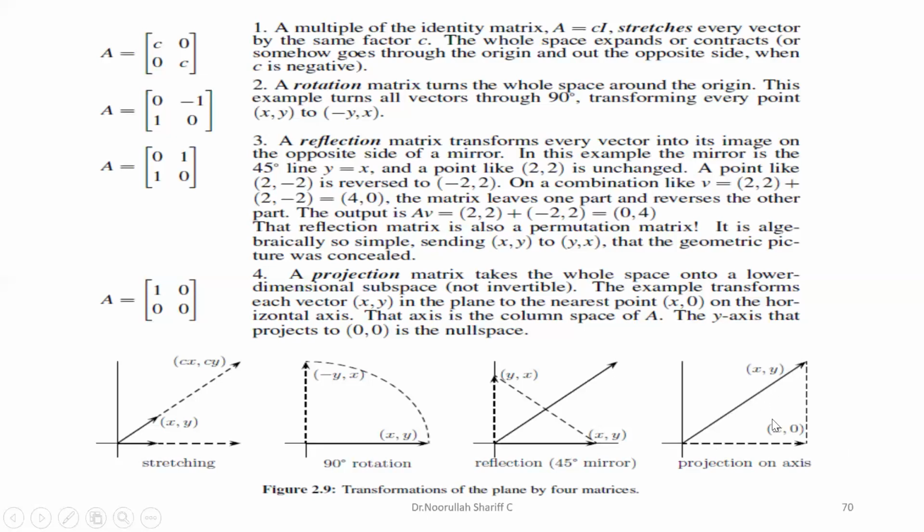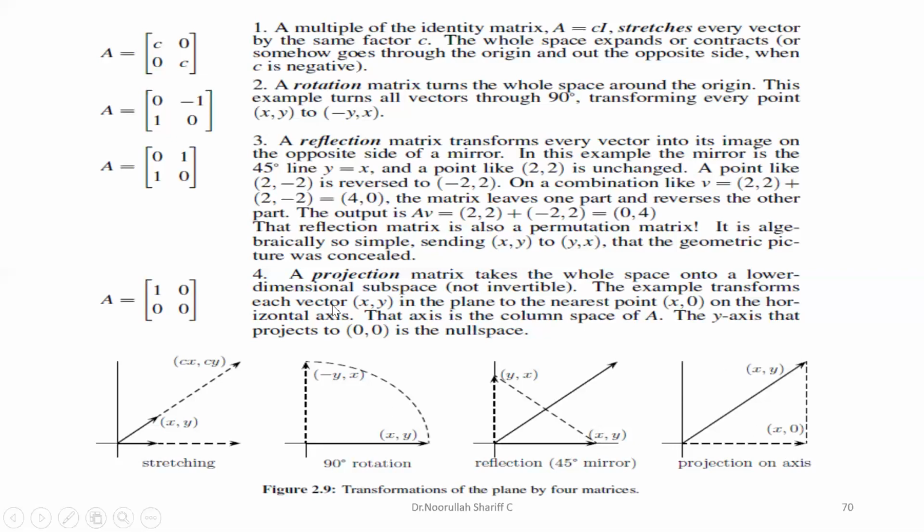So to transform this, we need a matrix of this sort, wherein if I put xy here and multiply with A, I'm going to get 1 into x plus 0 into y, that will be x, and 0 into x plus 0 into y, that will be 0. So x and 0, and that x and 0 is the one which is over here. So this matrix A is going to transform a point xy into x0.